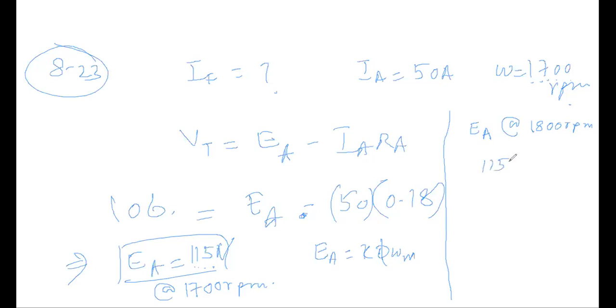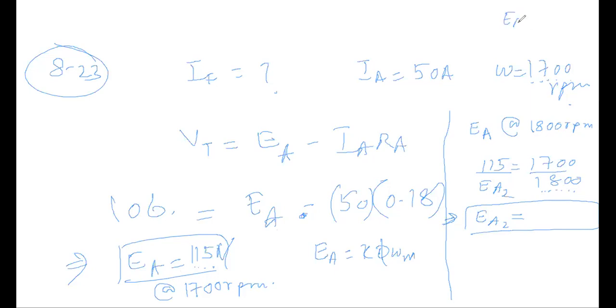So this 115 was at 1700 RPM and the corresponding EA at 1800 RPM would be equal to how much? Quickly tell me on the chat window because this 115 EA was at 1700 RPM. What would it be at 1800 RPM?